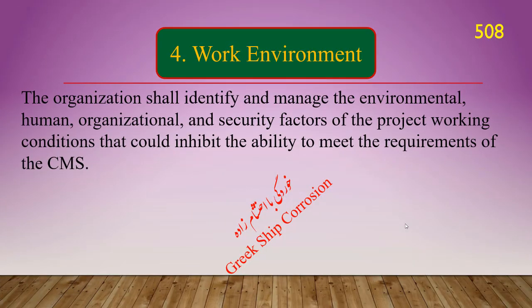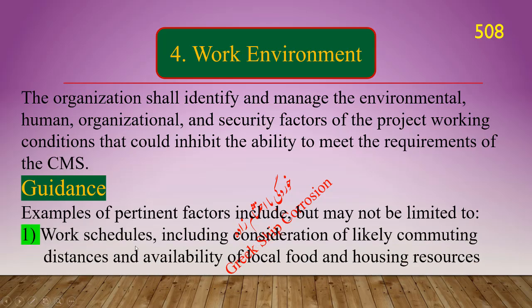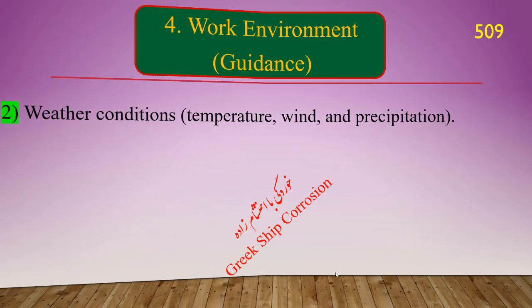4. Work environment. The organization shall identify and manage the environmental, human, organizational, and security factors of the project working conditions that could inhibit the ability to meet the requirements of the CMS. Guidance. Examples of pertinent factors include, but may not be limited to: 1. Work schedules, including consideration of likely commuting distances and availability of local food and housing resources. 2.